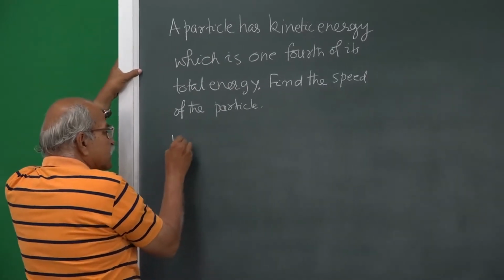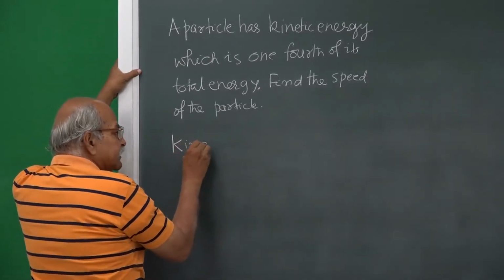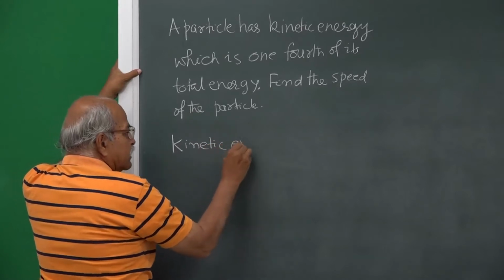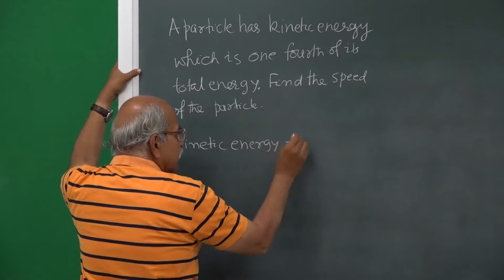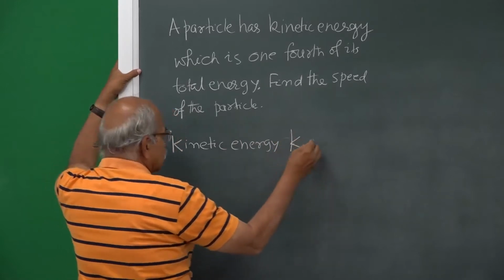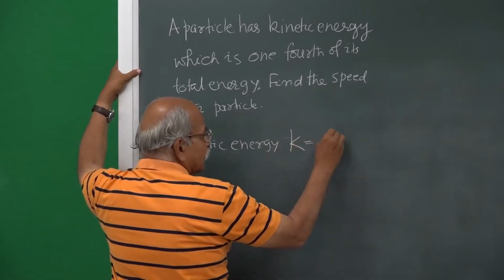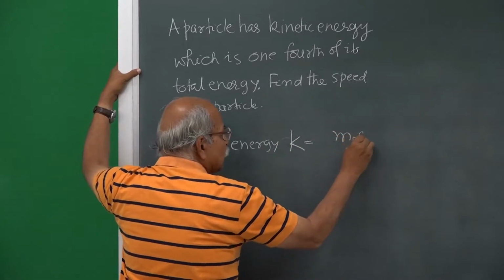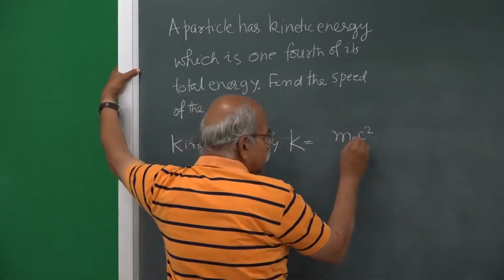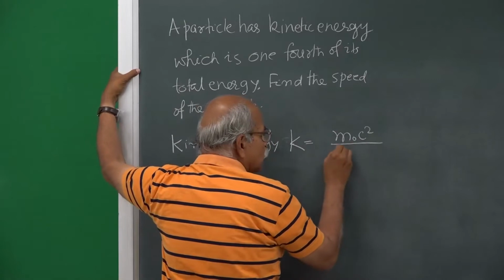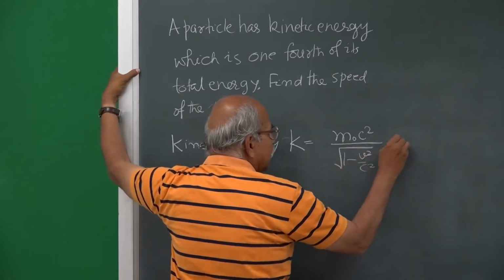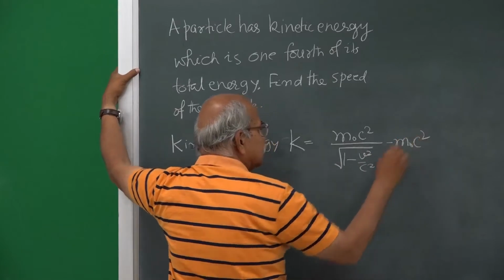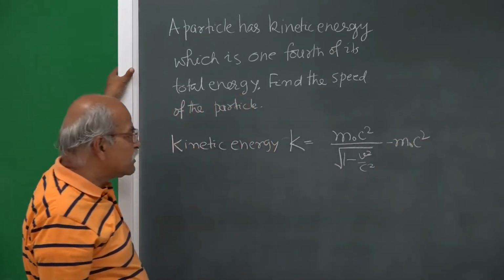Now, what is kinetic energy and what is total energy? Kinetic energy we had defined K, that is m naught c square divided by square root of 1 minus v square by c square, minus m naught c square. How do I remember that?